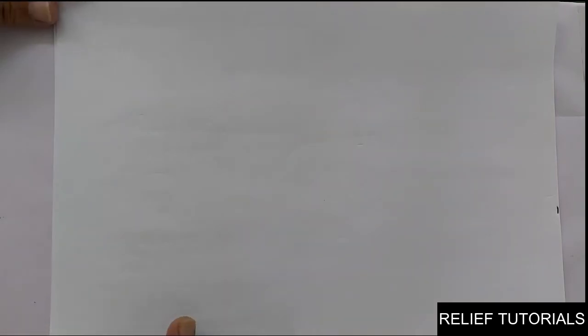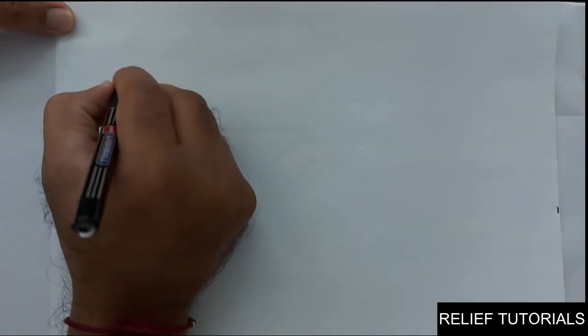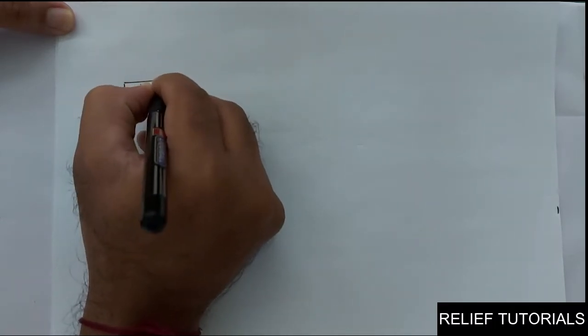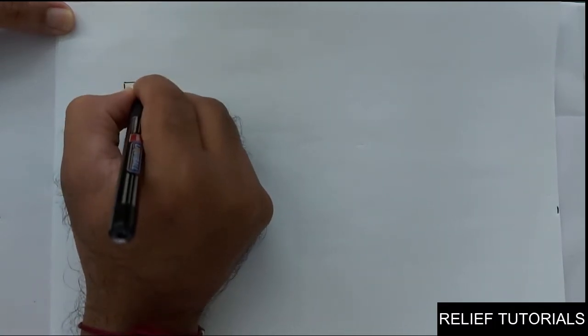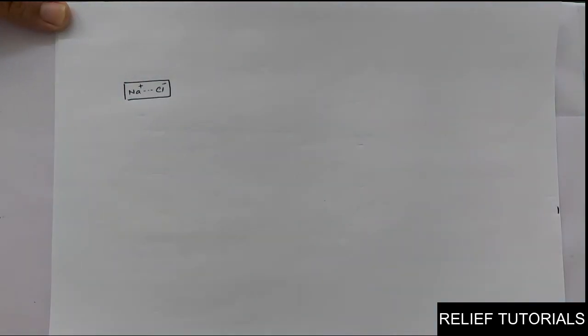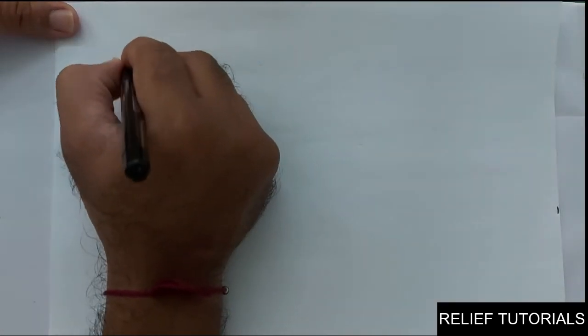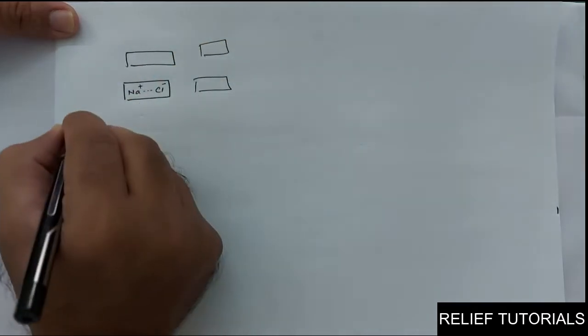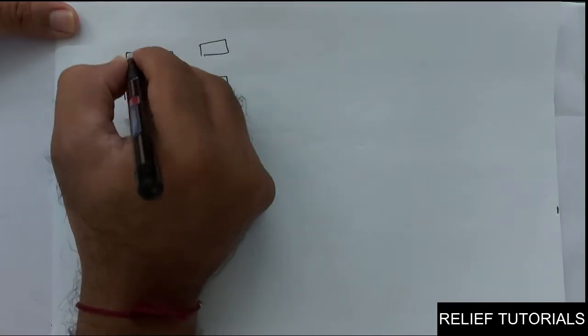Let me give you some hint. For example, this is one NaCl, Na+ Cl-, and the force of attraction means the bond is there. This is one molecule of NaCl. If you think about another molecule here, and a number of molecules around it, then what would happen?